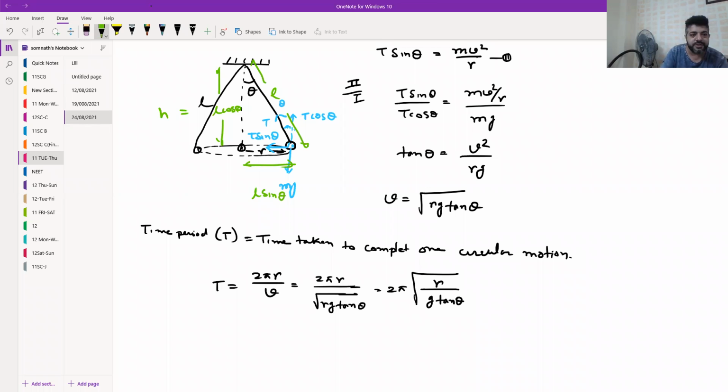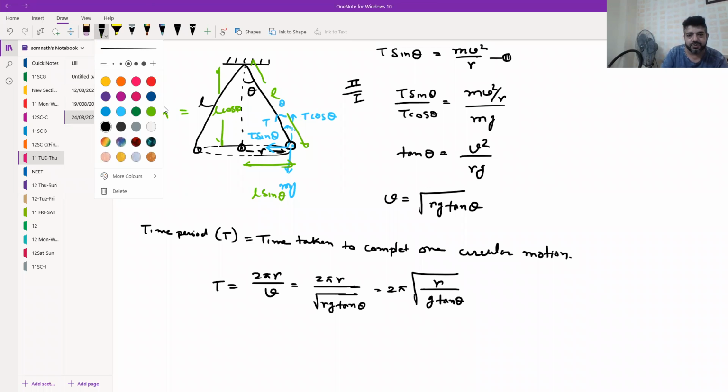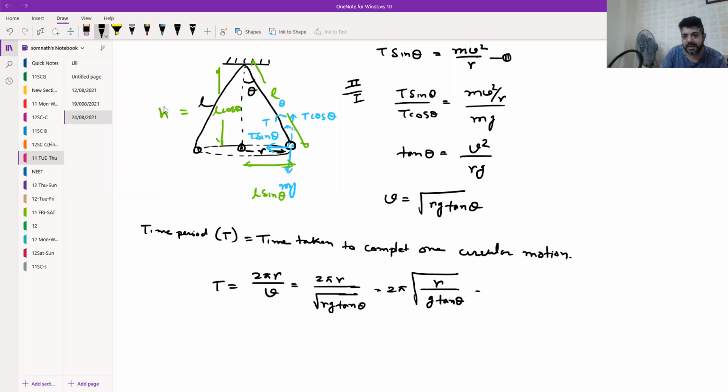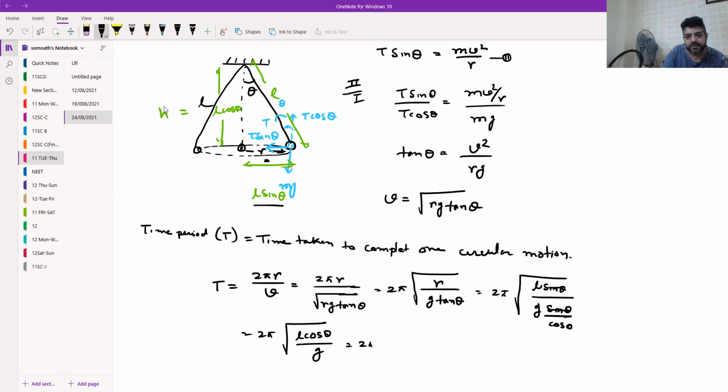If we use this, I can write 2 pi, in place of r, L sin theta, and here we can write g, sin theta by cos theta. So sin theta cancels. So we have 2 pi root of L cos theta by g. L cos theta is the height. So 2 pi root of height by g. Yes, everyone.